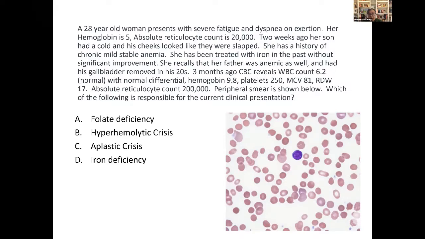It's important to realize that these patients with a reticulocyte count of 200,000 are really dependent on that retic count to maintain their hemoglobin. So if something brings down the reticulocyte count, like a viral infection, they become anemic very quickly because they drop 200,000 red cells a day when they're not producing them.